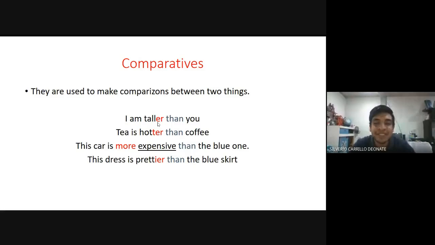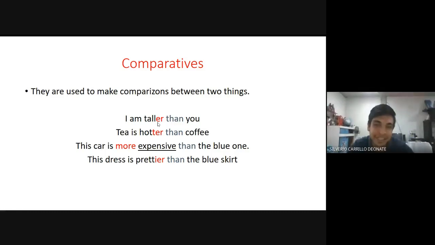The second rule: it says tea is hotter than coffee. That's because we're going to apply the second rule. It says that for adjectives that are just one syllable, we add the er ending at the end, and also if that adjective is consonant, vowel, consonant, we need to double the last consonant and add the er ending.